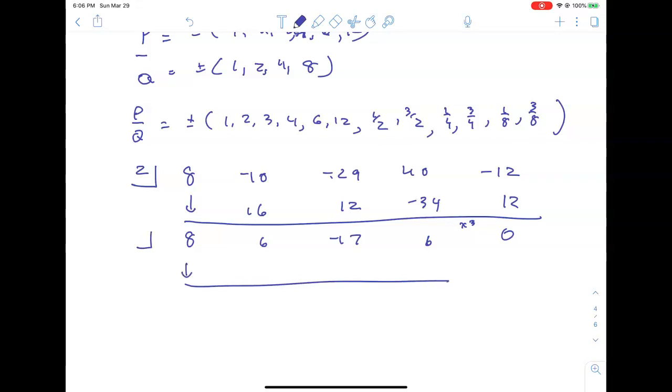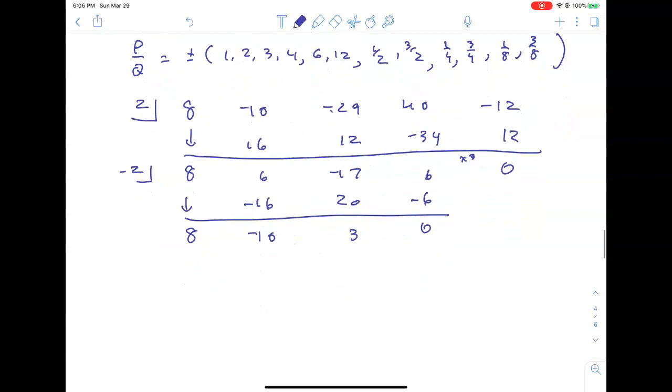Okay, all right. Let's try -2. There we go. All right, so we got it down to an x squared right now.